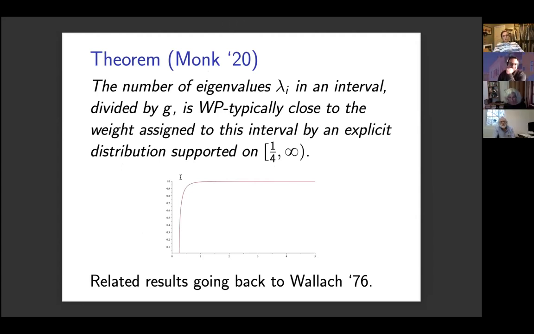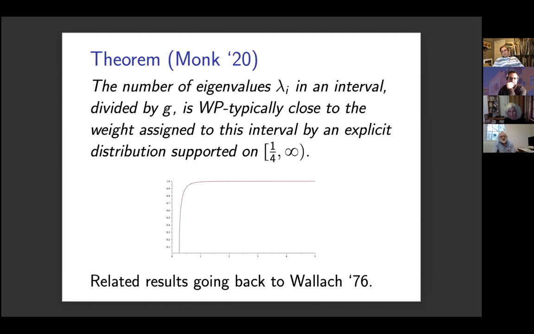But you could also, so you call eigenvalues less than a quarter small, and you can obtain bounds. So this result says that the number of small eigenvalues is little o of G. You can do better than that, and actually Monk did better than that. So basically you divide it up into the small eigenvalues and the eigenvalues bigger than a quarter.